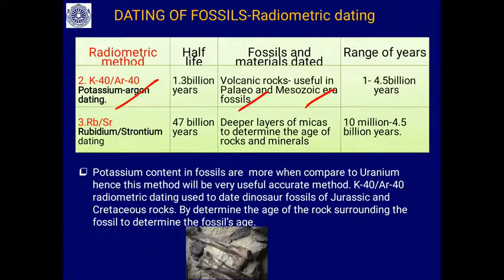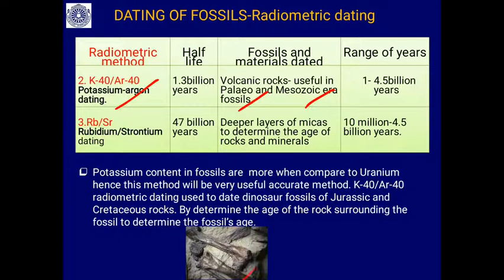The half-life is 1.3 billion years, after which the potassium is converted into the element argon. The potassium content in fossils is greater compared to uranium. Hence this method is very useful and accurate, and radiometric dating is used to date dinosaur fossils.